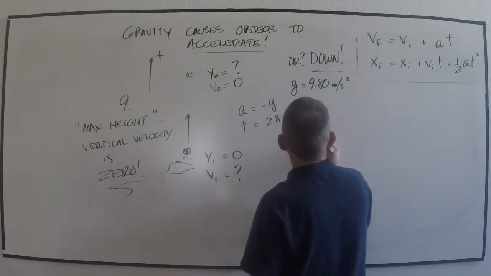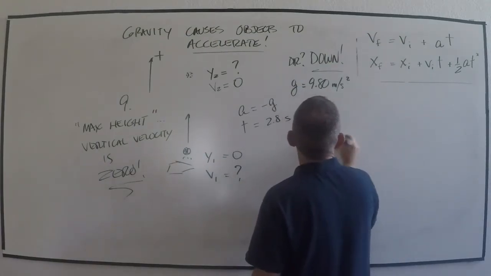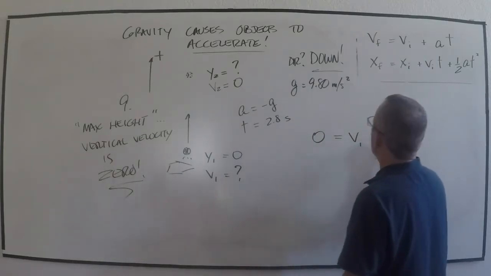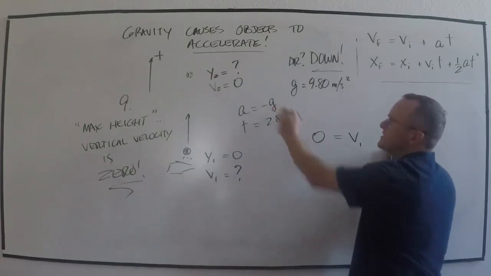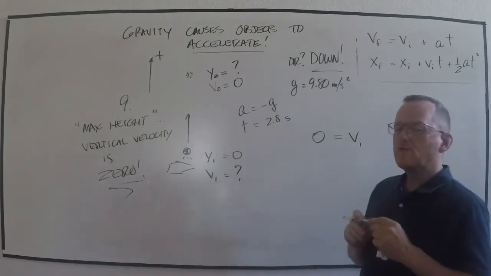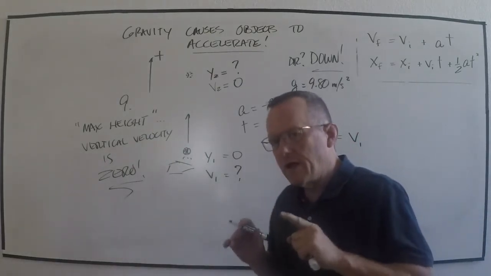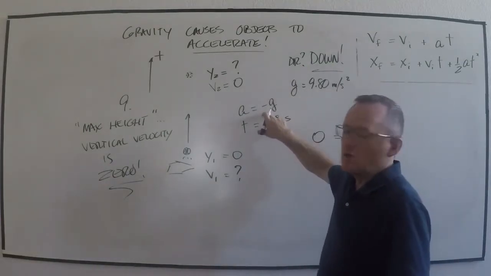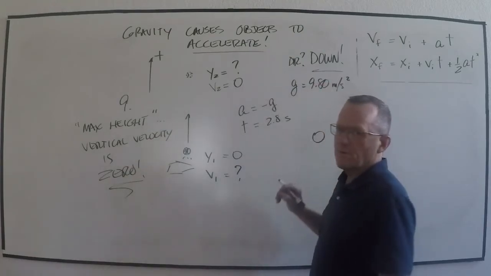What do they look like? V final, v2, is 0 equals v1. Now, instead of plus at, I'm going to insert minus g. I've told you, we do not put numbers in our equations, but that's another advantage to using g for this value.